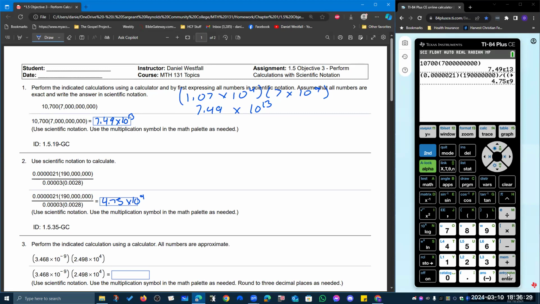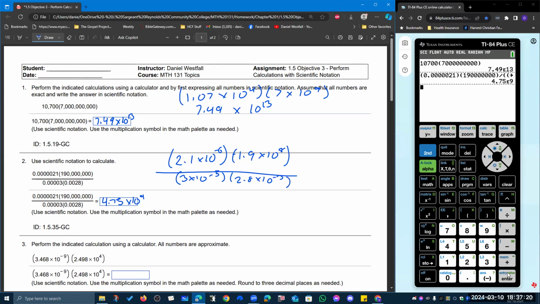Again, we could have put these things into scientific notation to start off with: 2.1 times 10 to the negative 6, 1.9 times 10 to the 7, 8, over 3 times 10 to the 5, and 2.8 times 10 to the 3.